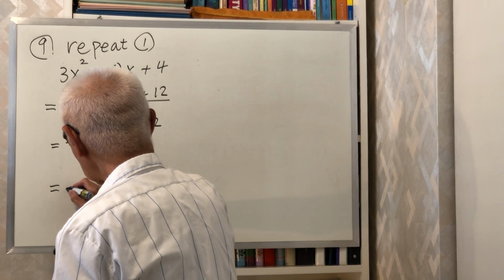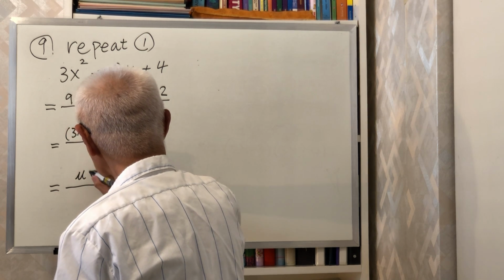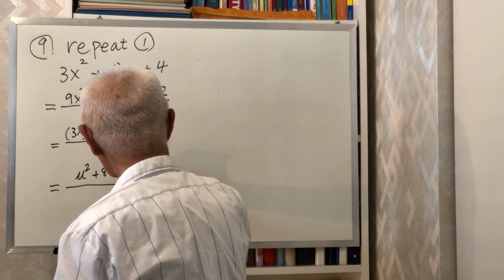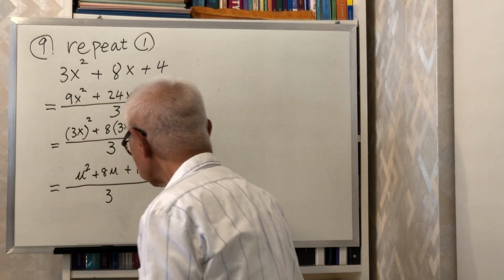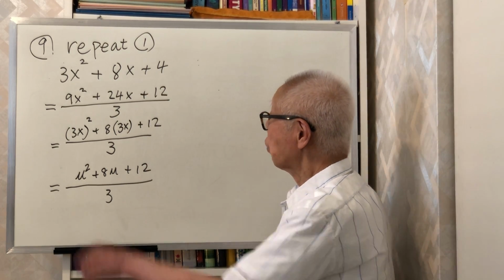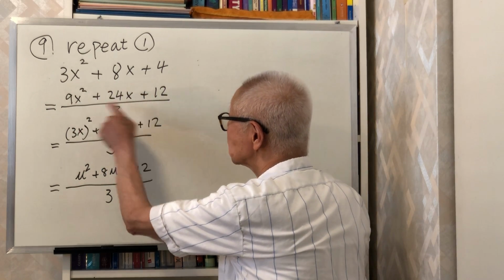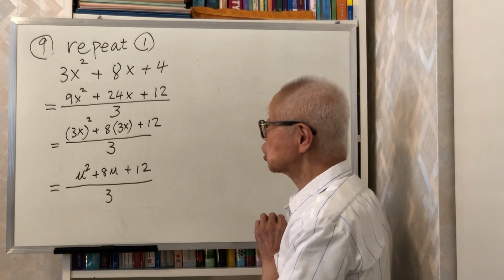As in the last example, I use u to represent 3x. Do you follow? Multiply by 3, divide by 3, so that I do not change my question.